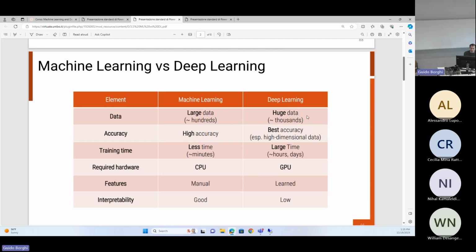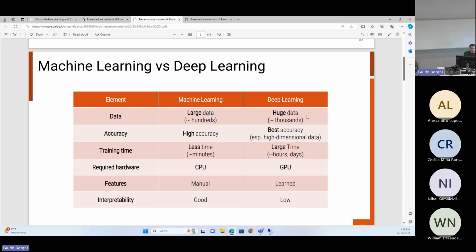For a deep learning approach, we need huge datasets, where huge means thousands, hundreds of thousands, millions of different training data.